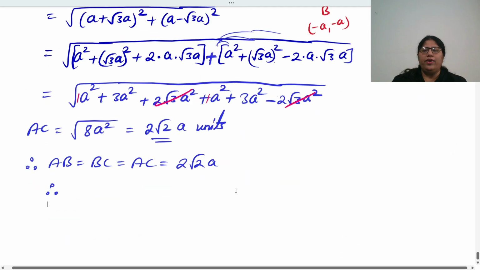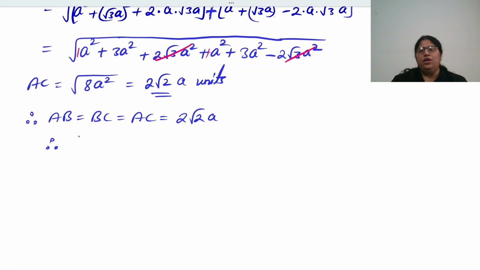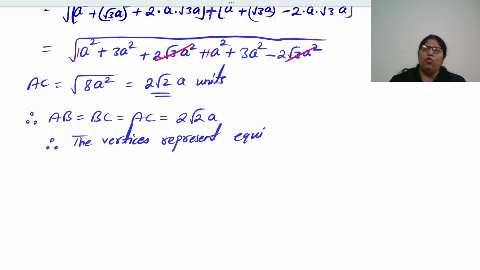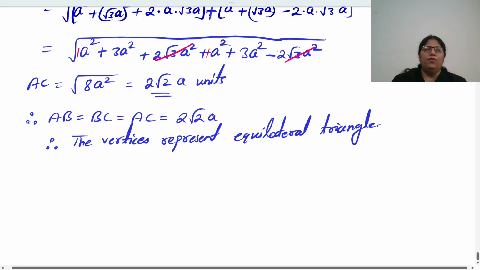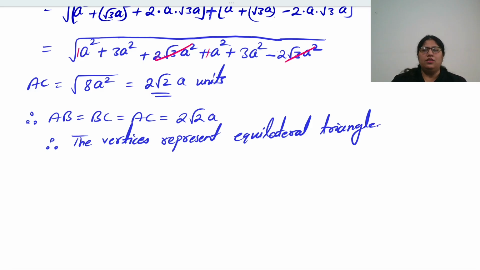So you'll always conclude your answer. So you'll write down here, therefore, the given vertices represent an equilateral triangle, right? Or are the coordinates of an equilateral triangle, right? You got this. So this is another application of our distance formula.